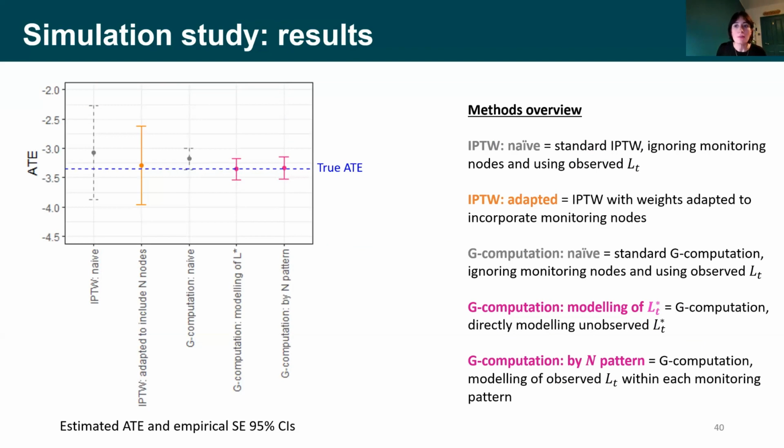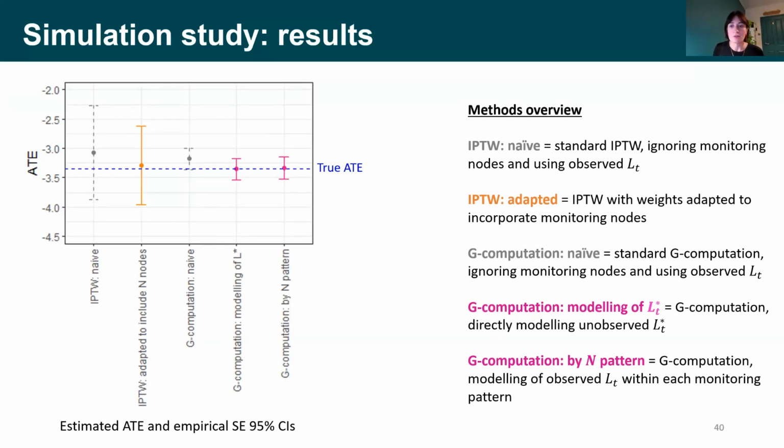The plot shows the mean average treatment effect across all 1,000 simulations for each of the methods compared, and the corresponding empirical standard error and 95% confidence intervals. The blue dashed line shows the true average treatment effect.